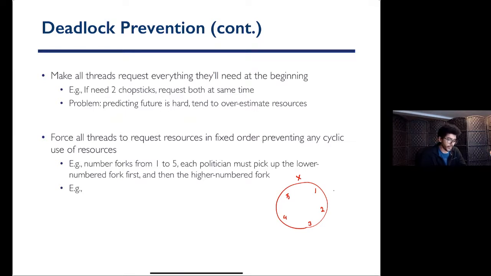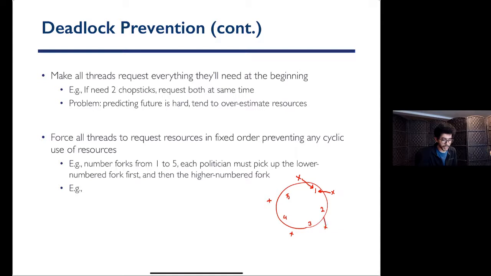Now, if I do this, this person wants to pick this fork, but this person also wants to pick this fork first. It's not going to pick fork 2, because previously everybody was picking the fork on their left hand or right hand, but now I'm breaking that cycle.